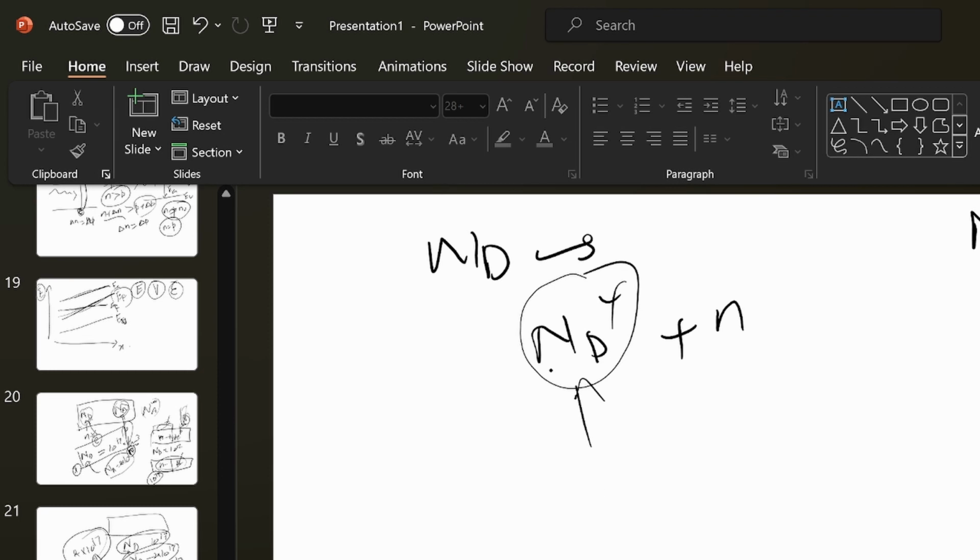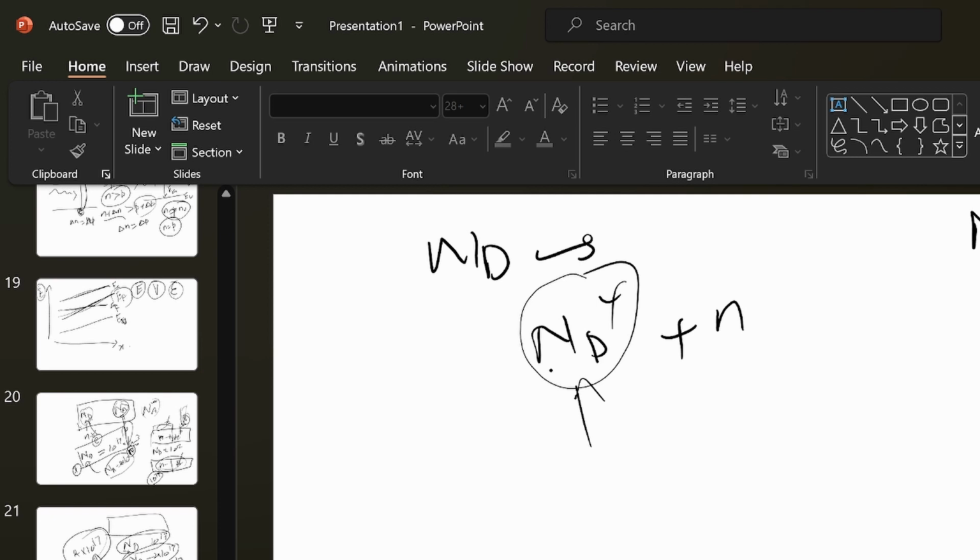These are immobile ions, and they do not contribute to charge conduction. But they will act as scatterers. They will decrease the mobility, but they won't contribute to the conduction.